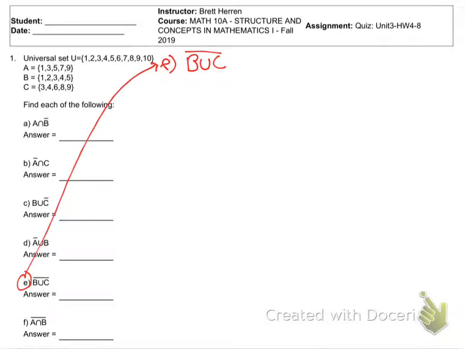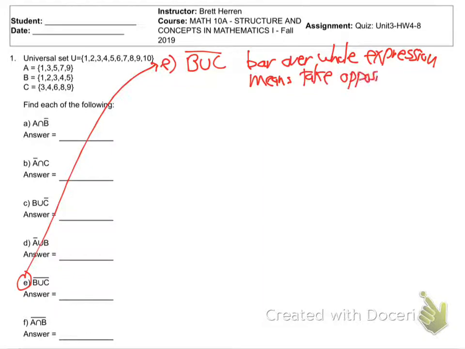So what's that mean? A bar over the whole expression means take the opposite at the end, right? Because it's the opposite of everything, not just the opposite of A or the opposite of C. It's the opposite of everything. So you've got to first find everything and then take the opposite at the end.